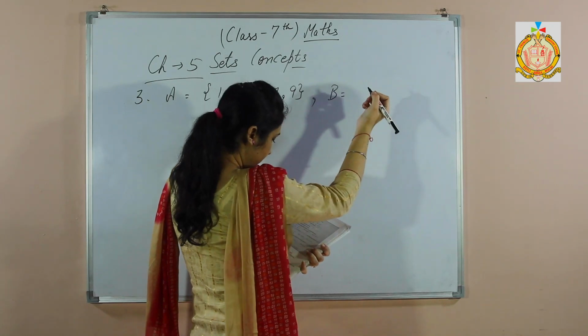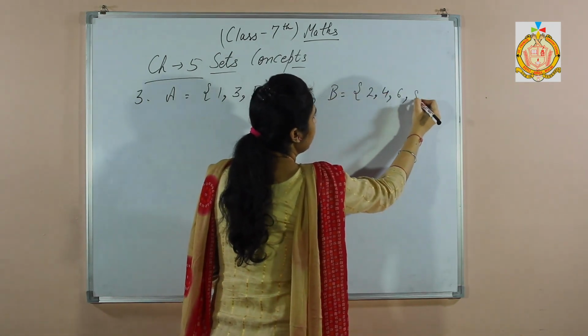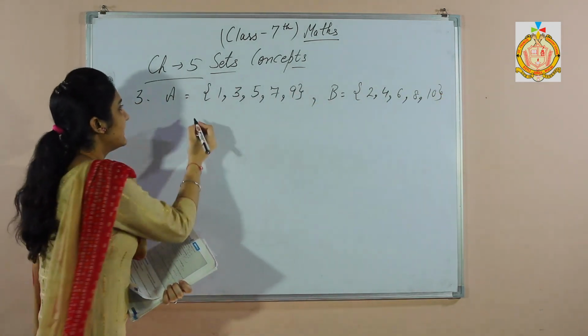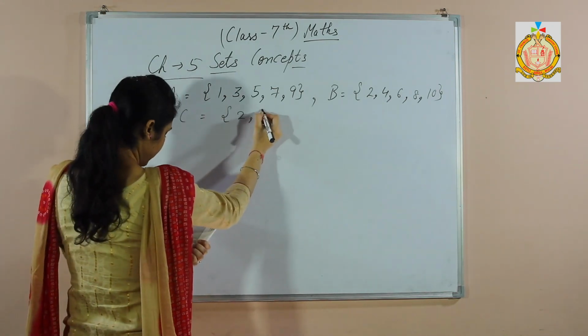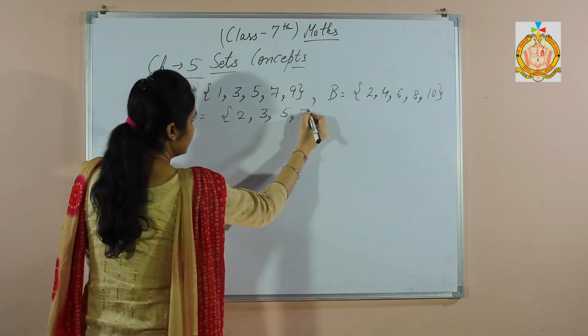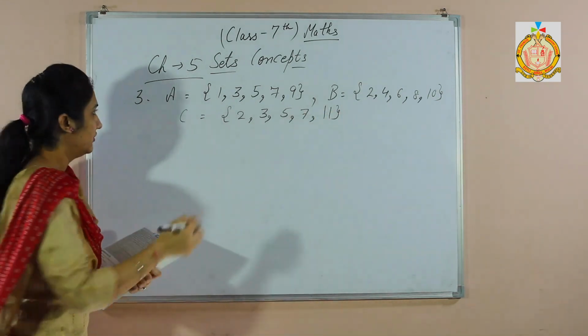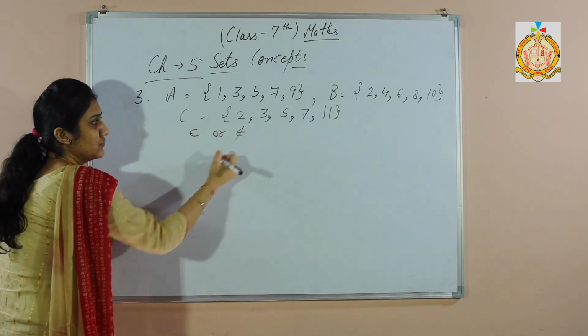In set B there are even numbers up to 10. And in set C the numbers are 2, 3, 5, 7 and 11. Now we have to put the symbol belongs to or doesn't belong to.